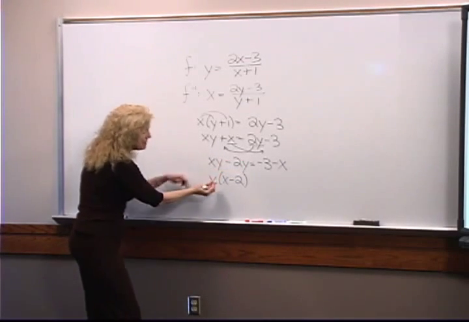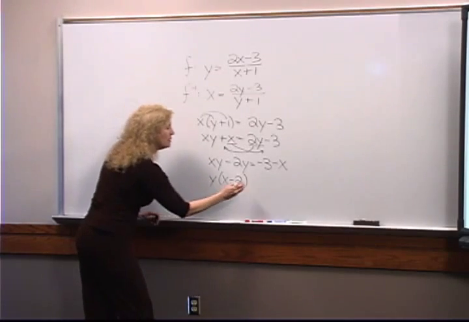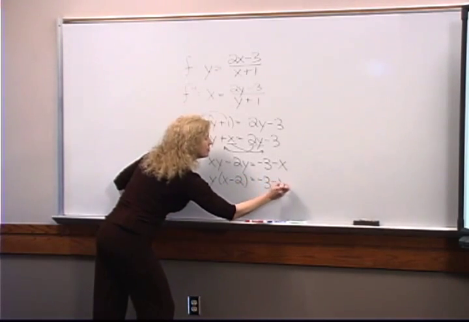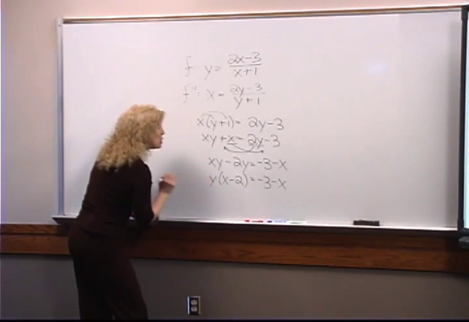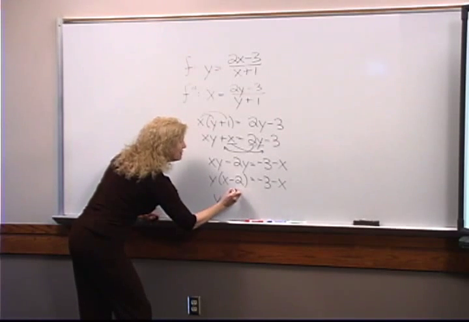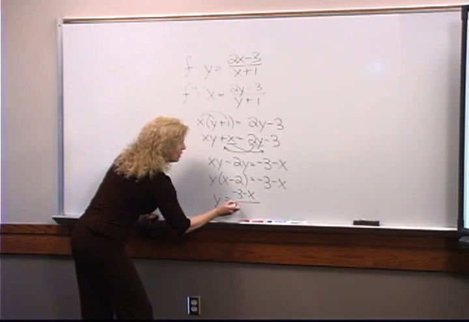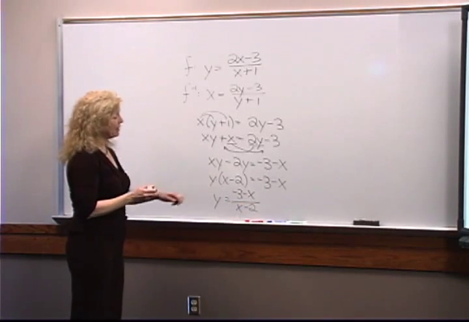Factor that y out because that gets it out there by itself, okay? And then this is multiplied on, so the way that you remove it is to divide it. Wow, that was kind of tough, but there's your inverse.